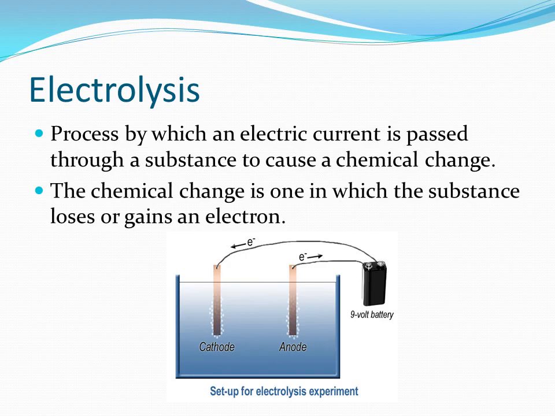There is a 9-volt battery attached to an anode and a cathode. If an ion gains or loses an electron, then we can say that a chemical change occurs.